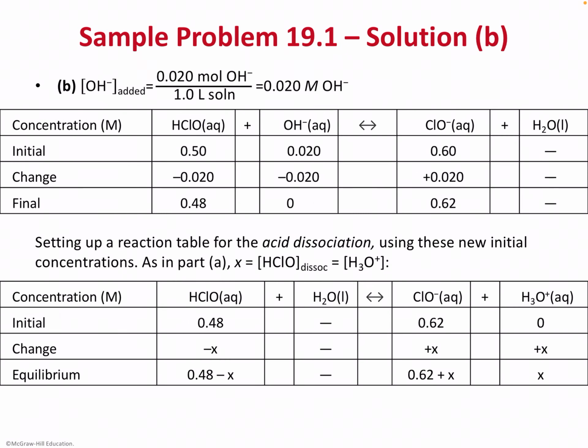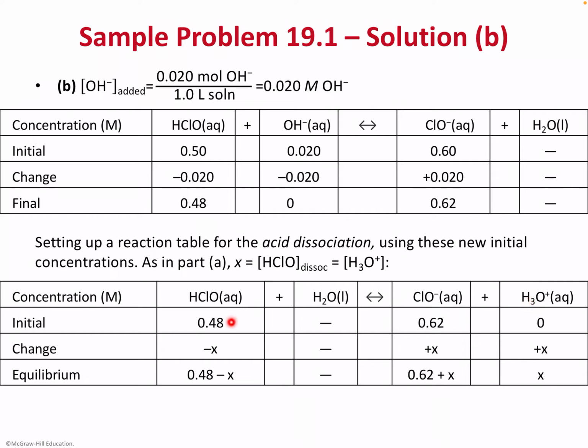So we set up a reaction table for the acid dissociation using these new initial concentrations, as in part A. HClO plus water gives you hypochlorite anion and hydronium ion.